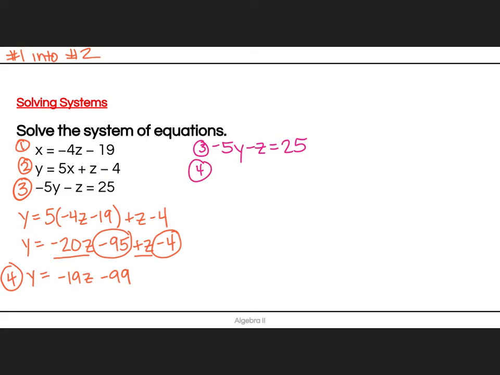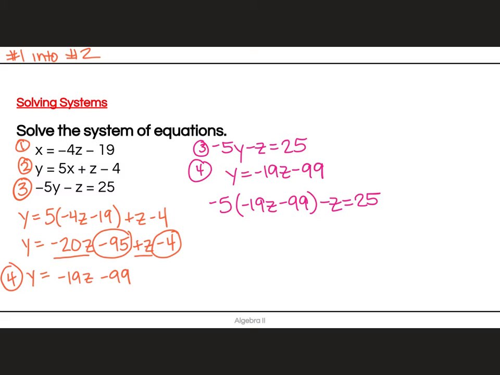Number 4 says y is equal to negative 19z minus 99. I have a y equals, so I could substitute: negative 5 times negative 19z minus 99, minus z, is equal to 25.